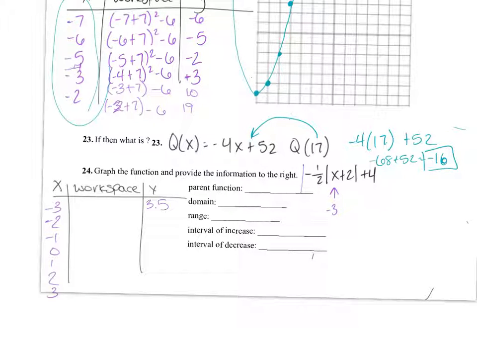From there, you'll look at the graph and figure out what all this stuff is. Parent function though is basically, we know, based on our transformations, we've got a reflection, shrink, move left 2, and up 4. So our parent function is everything but these pieces.